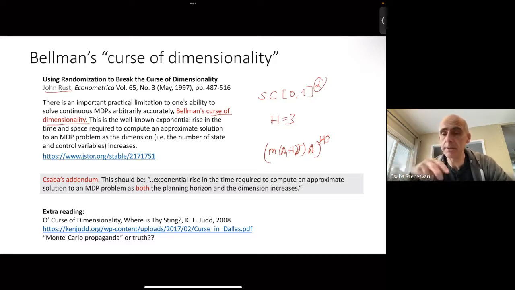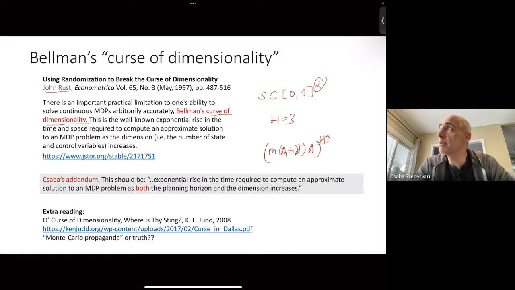If either of these two is small, you're good. So this is an important refinement of this view. No curse of dimensionality happens if you don't need to plan far ahead, because then you can just build these look-ahead trees.